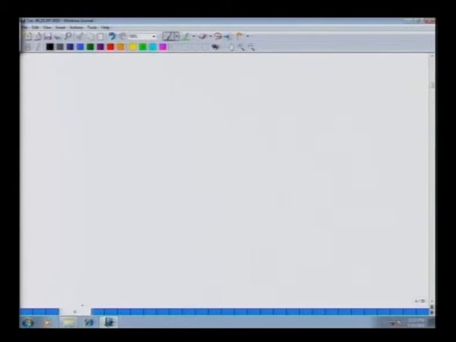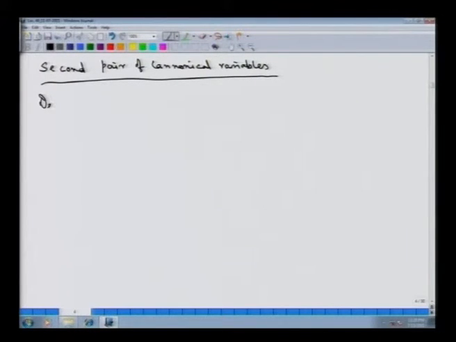Now, given this as the definition of the first pair of canonical variables, the second pair of canonical variables is going to be defined. Let me first give the definition of the second pair of canonical variables.